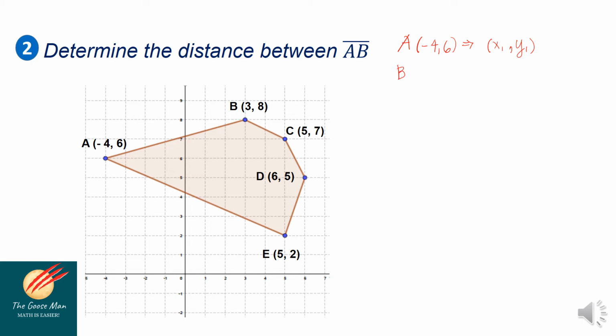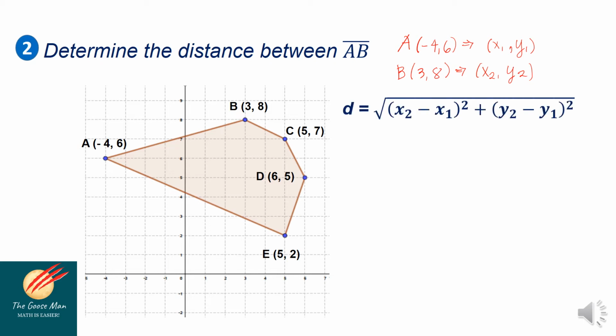Next, B has the coordinates 3, 8. We will use this as our x sub 2, y sub 2. So it follows that x sub 2 is equal to 3 and y sub 2 is equal to 8. Remember that the distance formula is the square root of (x sub 2 minus x sub 1) squared plus (y sub 2 minus y sub 1) squared.